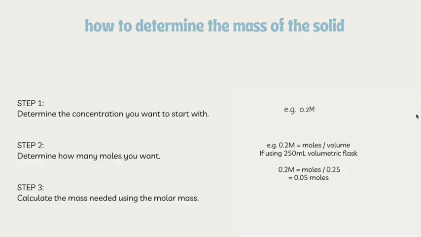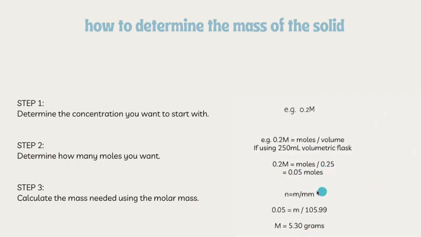Once you've determined what you want there, then we know our concentration equals moles over volume. And so if we're using a 250 mL volumetric flask, then we can determine that we actually want 0.05 moles in that 250 mL in order to get to the concentration of 0.2 molar that we had established earlier. So then once we know our moles, we can work backwards with our equation where the number of moles equals mass over molar mass.